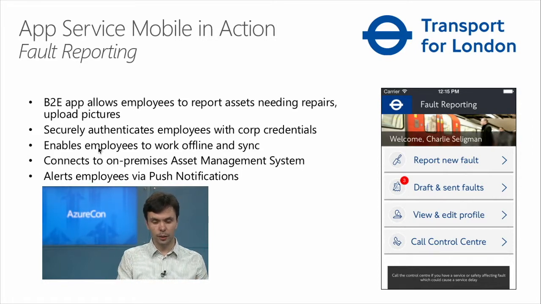And then later, when connectivity is present, the app will sync the updates to the on-premises backend system. The app allows employees to receive alerts, notifying them about the changes in status of these asset reports.